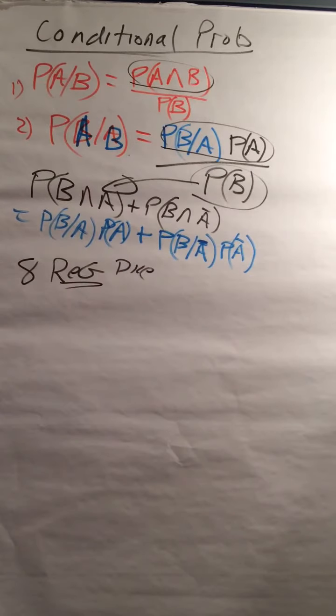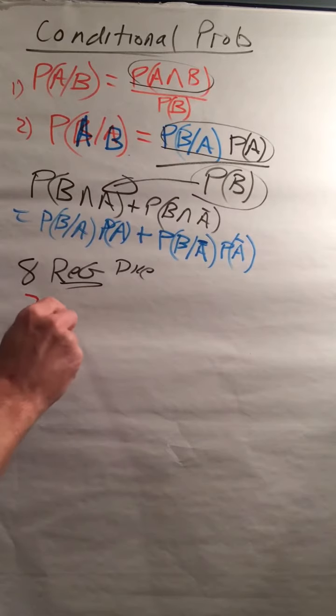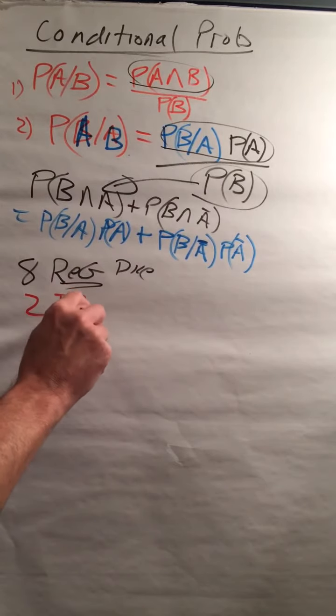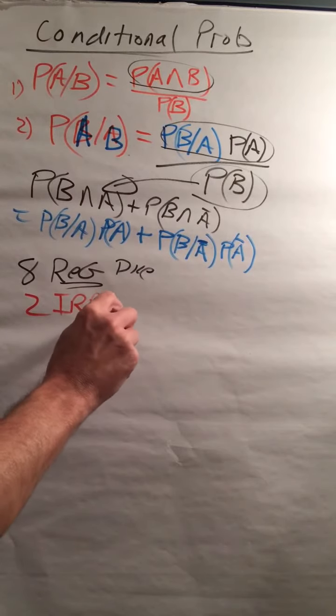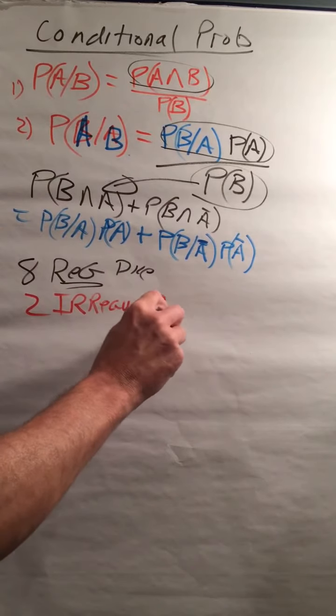So it's your regular, normal die. And the other ones would be 2 irregular dice.